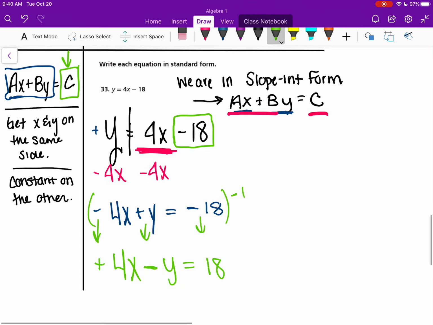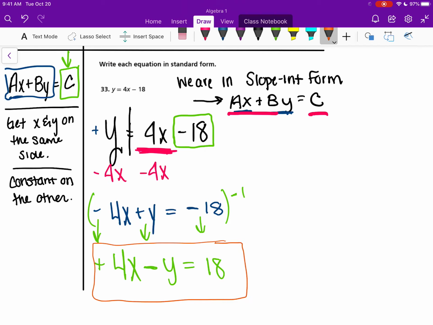So we just flipped all those signs around. We didn't have to change the numbers dramatically or anything. If we just change the sign of each part, now our leading number is positive, which is exactly what we wanted, and we are in standard form. 4x minus y equals 18. Check. And that is 2.3.